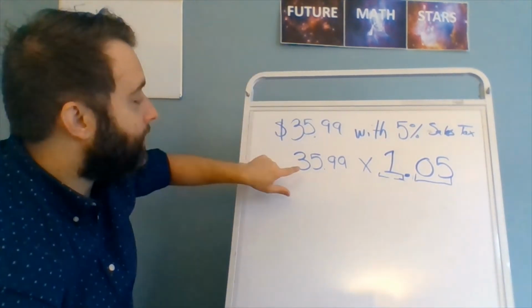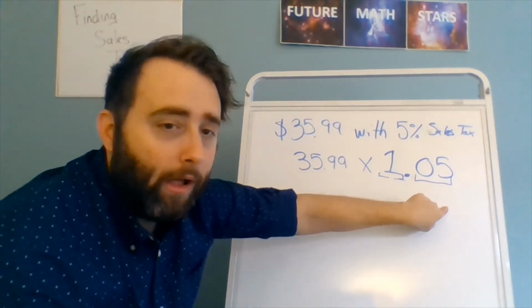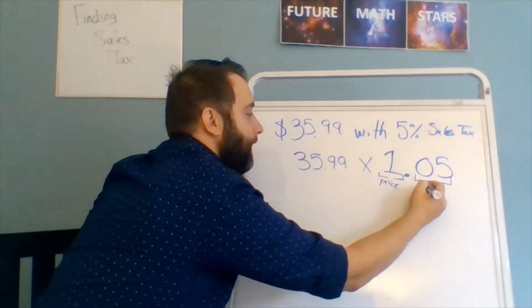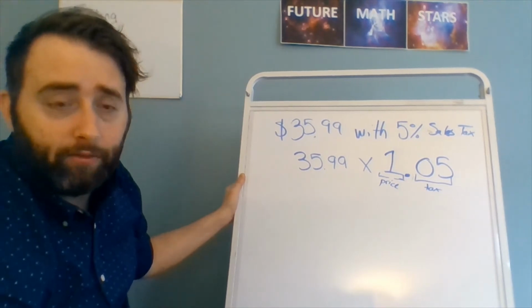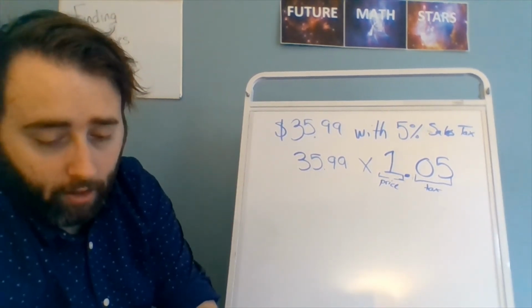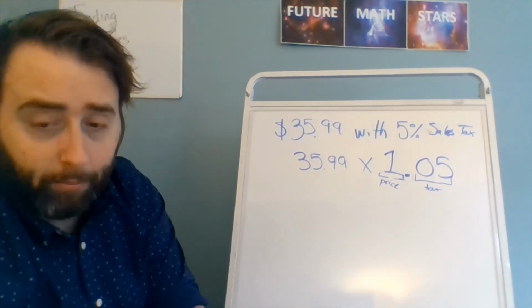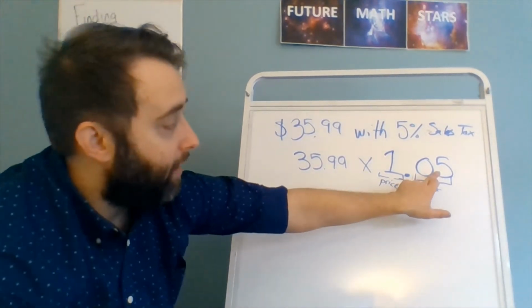So I'm going to calculate 35.99 times 1.05, because now I will get the price and the sales tax. So 1.05: 35.99 times 1, because I want the price included, plus 0.05, the 5% sales tax.